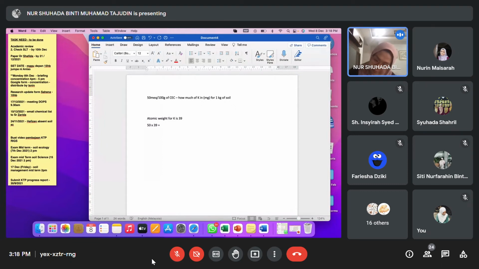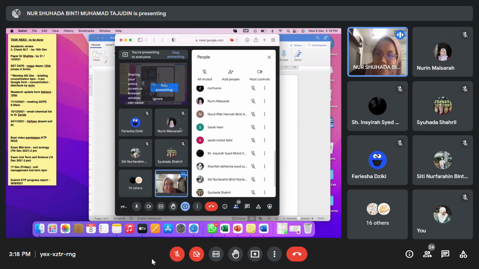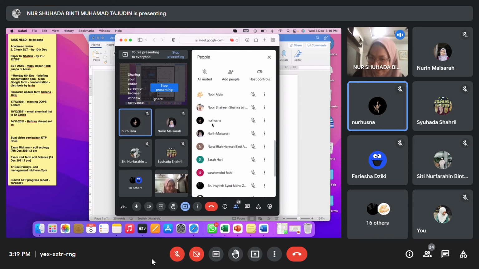Berapa? Sekejap, saya pun baru nak kira lah pula. Sekejap. Gram darab Okay, berapa Nuril? 19,500 mg per kg. Pandai. Semua dapat tak? Husna. Tak. Tak dapat. Mana yang salah?